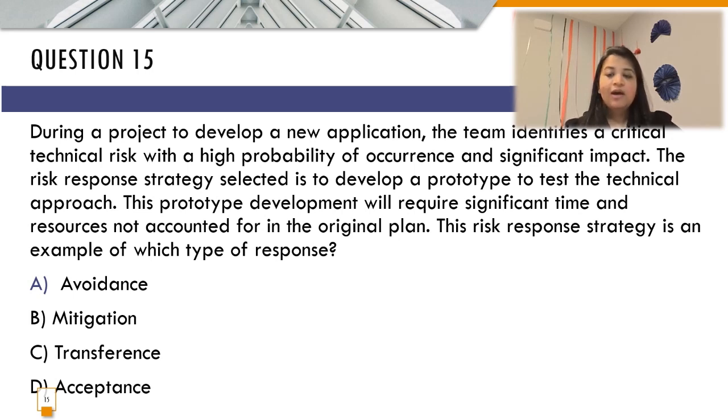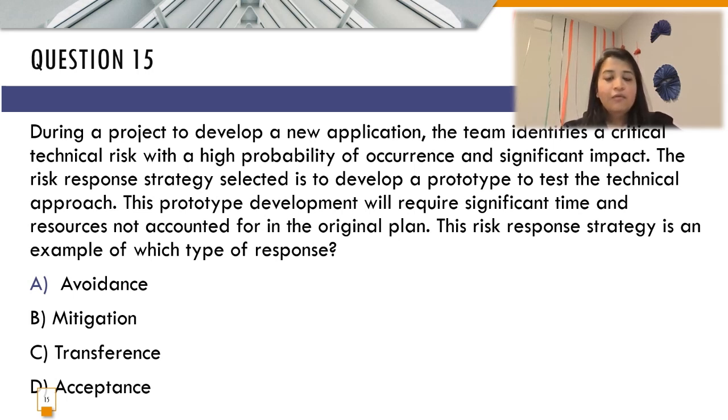Now, please understand that you are identifying a critical risk in the project, and you are developing a small technical approach or an MVP. Avoiding the risk means you are avoiding it totally, just as the name says. Transference is simply transferring the risk to a third party or somebody else.